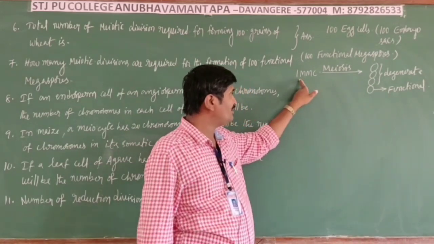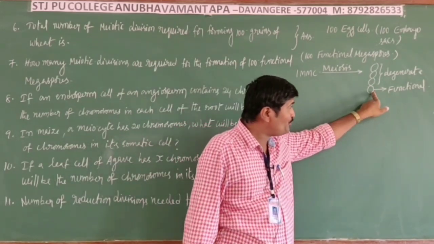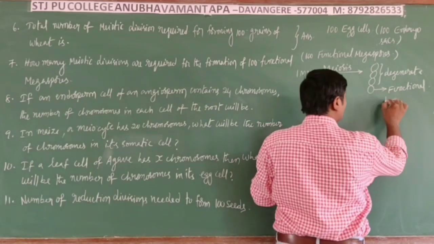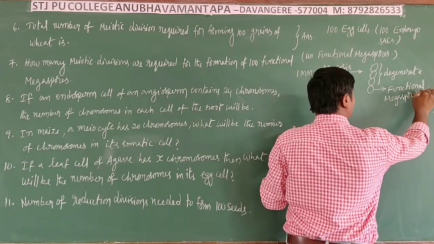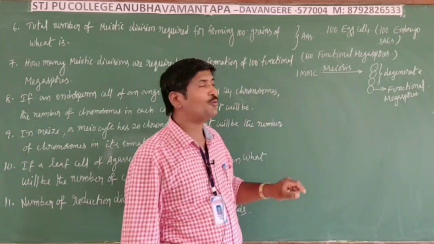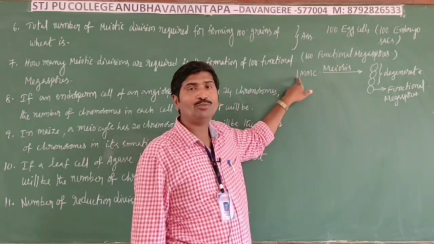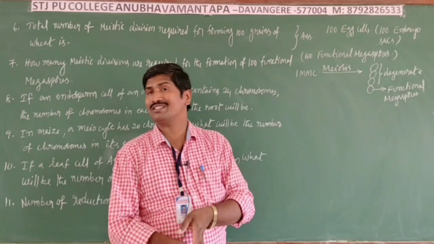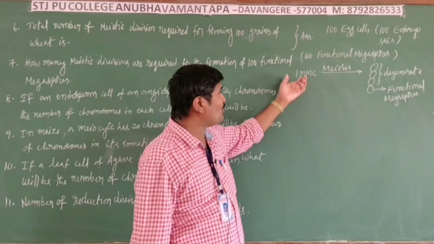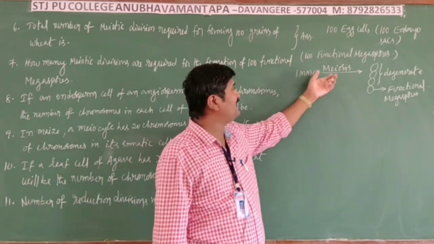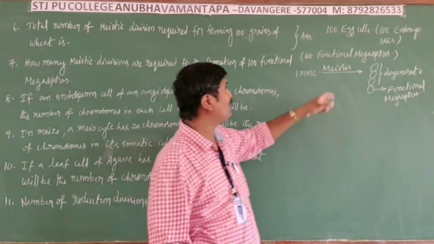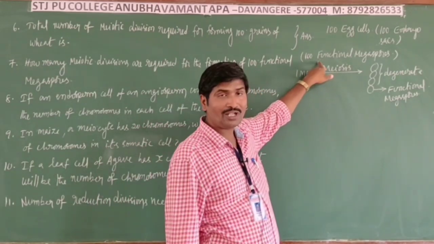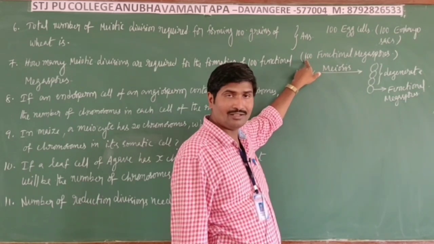Total here the number of functional megaspores is equivalent to the number of megaspore mother cells. The number of megaspore mother cells is equivalent to the number of meiotic cell divisions. How many functional megaspores are required? 100.